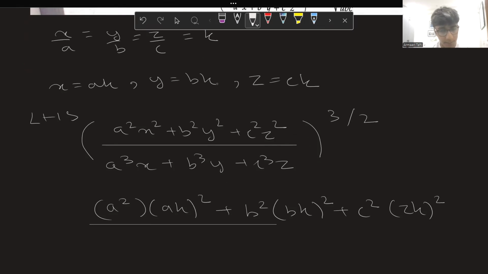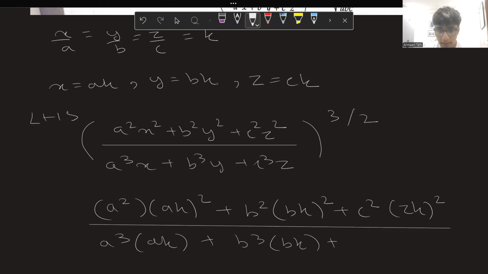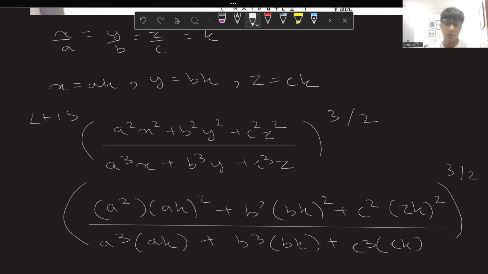And this is divided by a cube x, which is ak, plus b cube y, which is bk, plus c cube times ck, right?